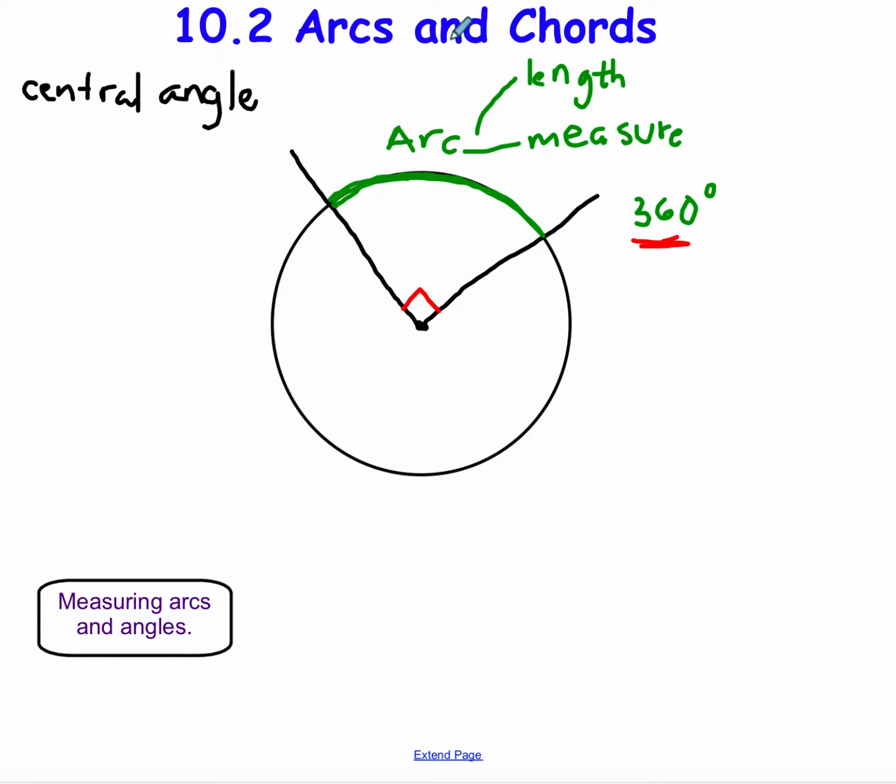So for example, since this angle in the center, this central angle is 90 degrees, we would also say that the measure of this arc is also 90 degrees. So since this angle measures 90 degrees, it would make sense that this arc measures 90 degrees of the circle's 360. If the circle measures 360 degrees all the way around, then this part of the arc measures 90 degrees.